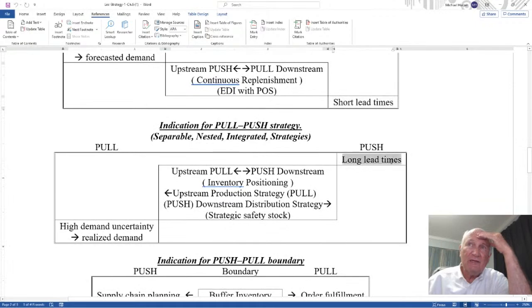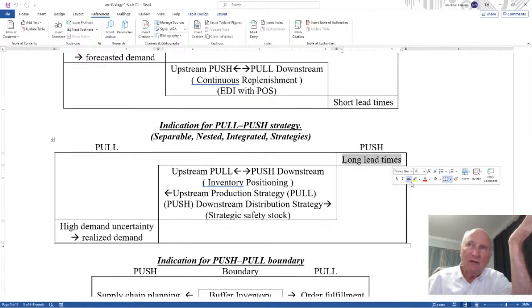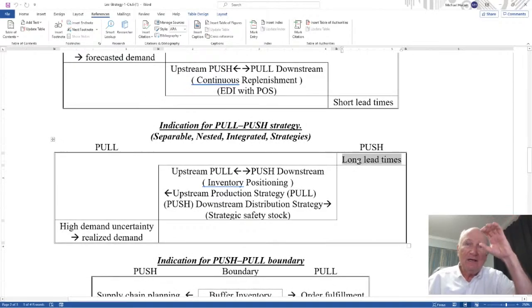Here you have longer lead times where a push system, you can have like a car dealership. You can buy it off the lot, but if you want customized, then it's going to be pull upstream, and you have to wait for it to be shipped downstream. Okay, but you're going to have different product varieties downstream depending where you are. Where you're in New York City is going to be very, very different than Rifle, Colorado. Is very different than Boise, Idaho.